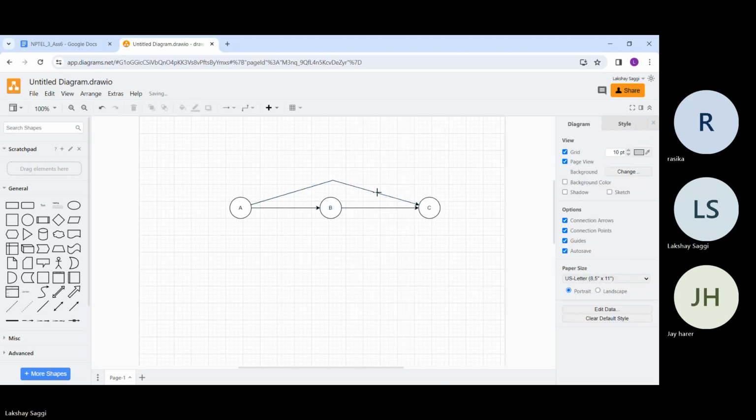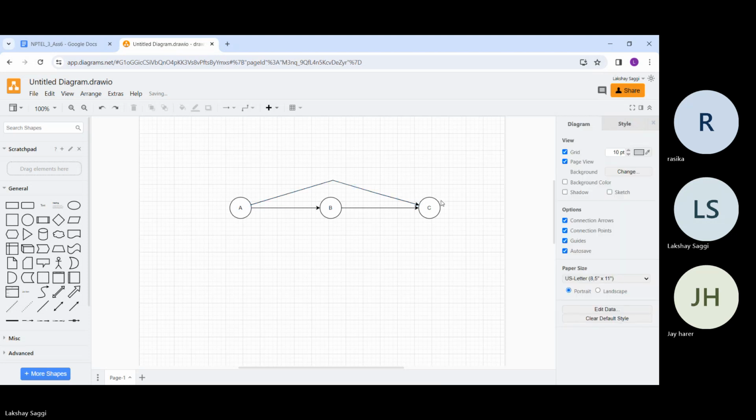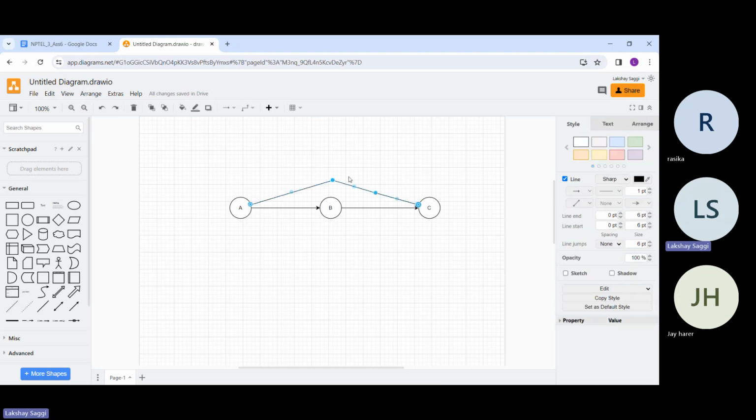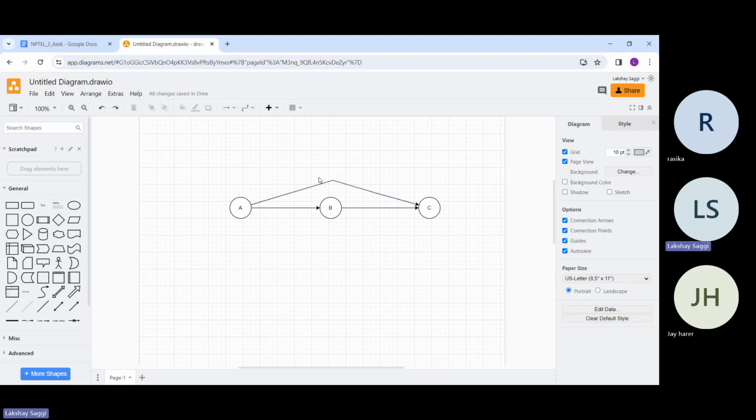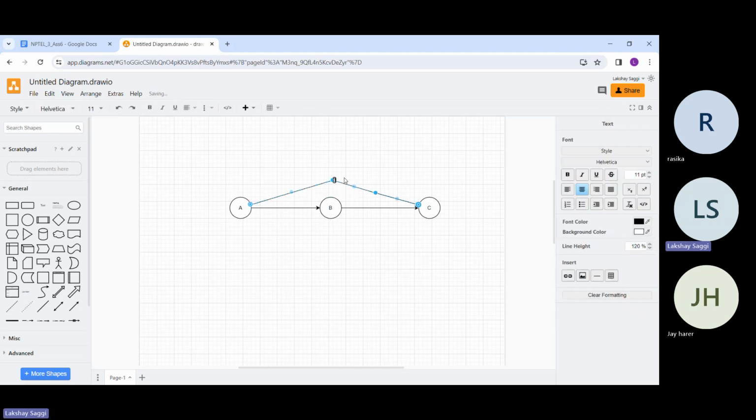Let's just assume the edge is something like this. Like this is a single edge, I'm not making it curved. Let's assume this edge has a weight of 3. This edge has a weight of 1.